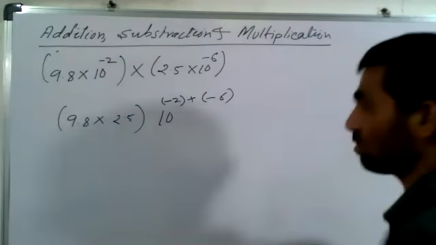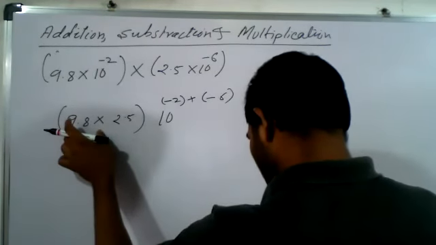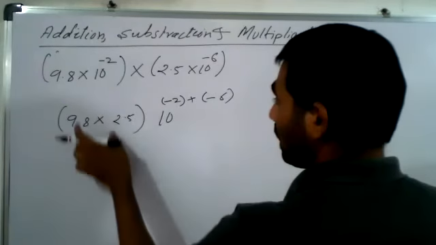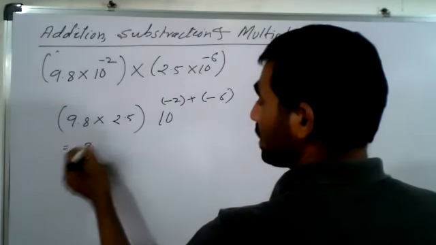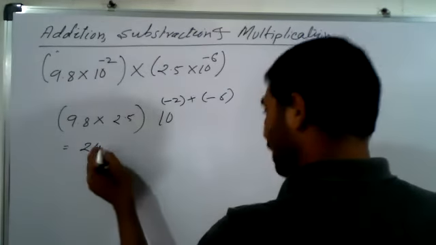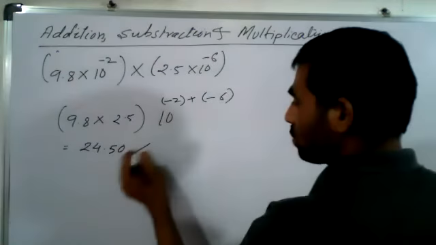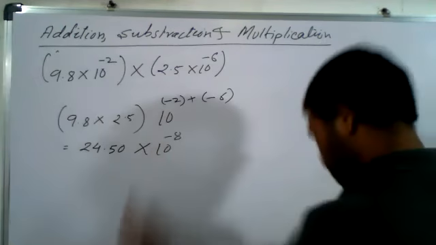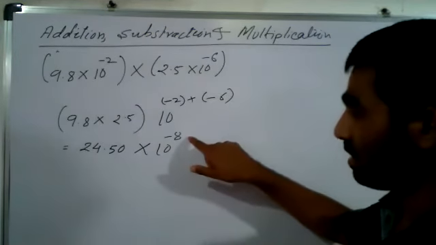If we multiply, we get 24.50 into 10 to the power minus 8.